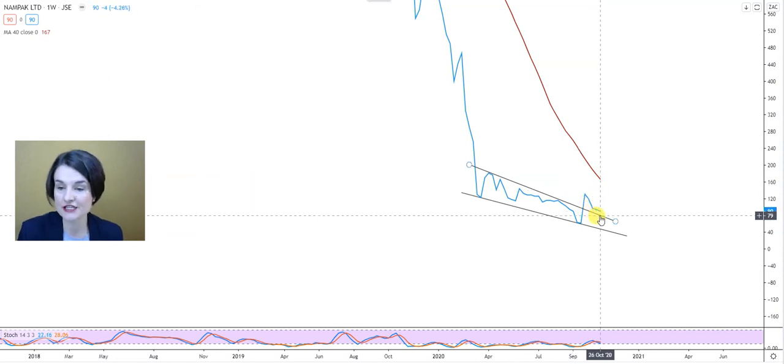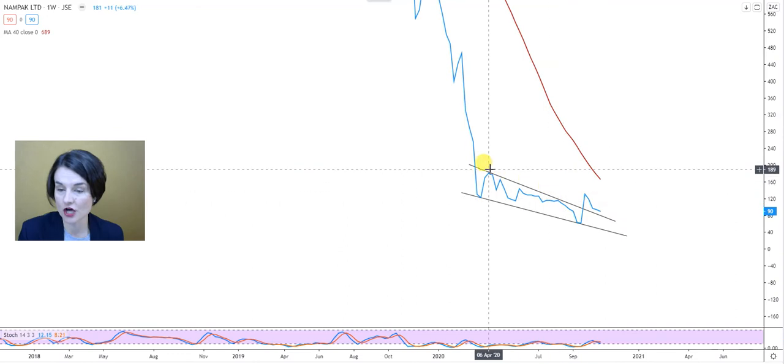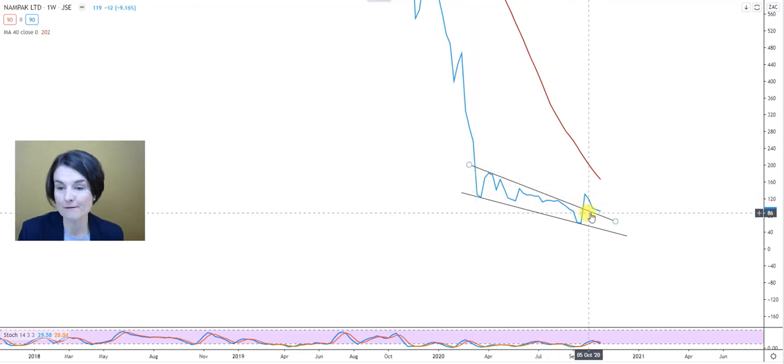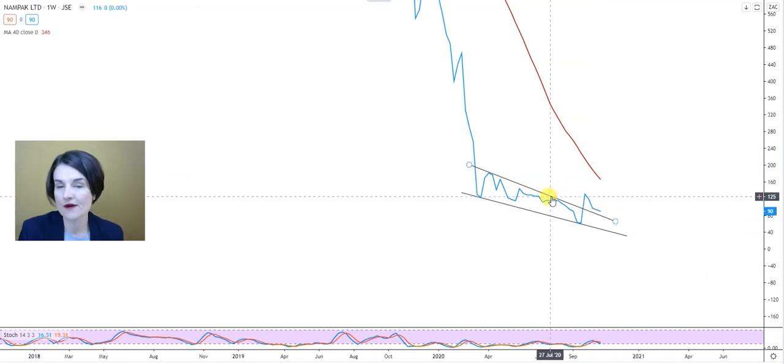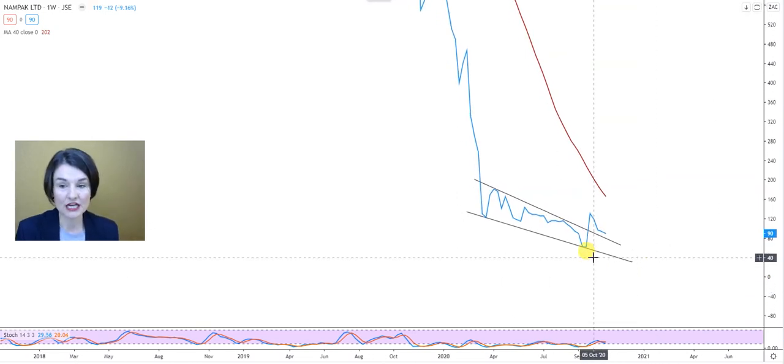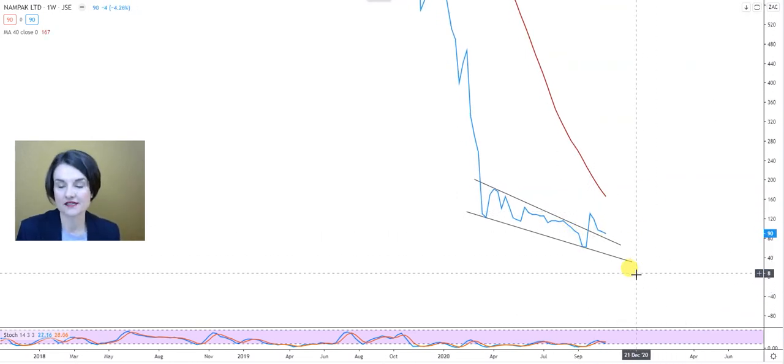I will be concerned, and you can use a stop loss if you're currently long on Nampak, or a protection level if you're an investor, at about 84 cents, because that's where that upper band is waiting for Nampak. But a spike in volume alongside higher levels implies protection.